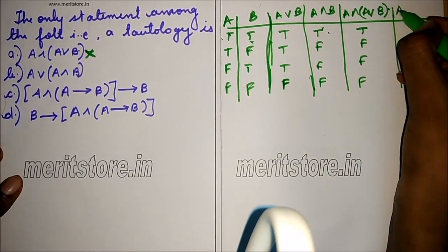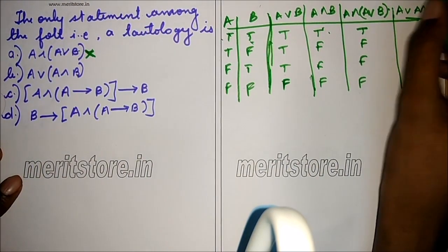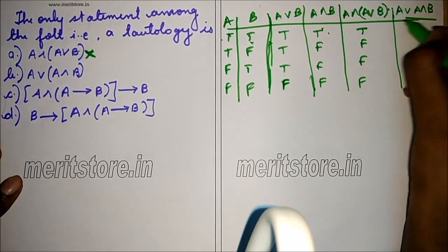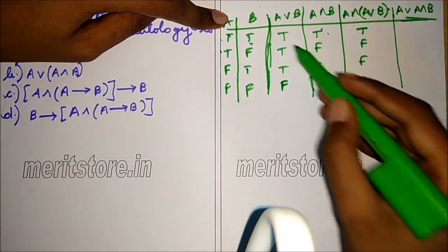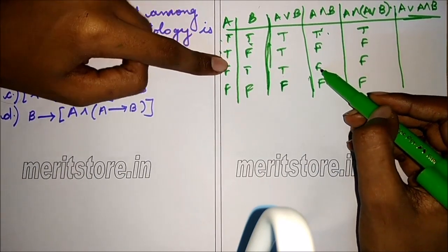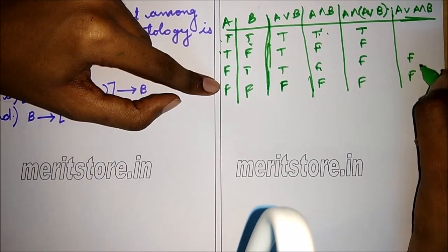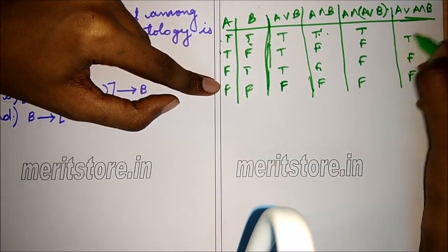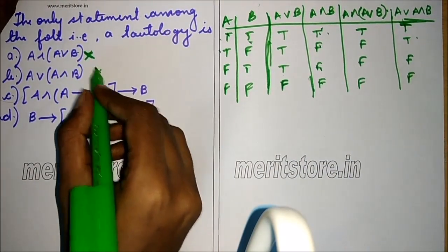Second option, A or A and B. Here FF is F, FF is F, and the first two statements will be true. So again this is not a tautology.